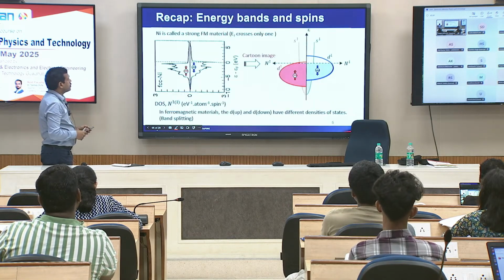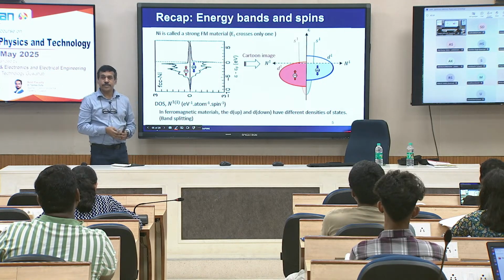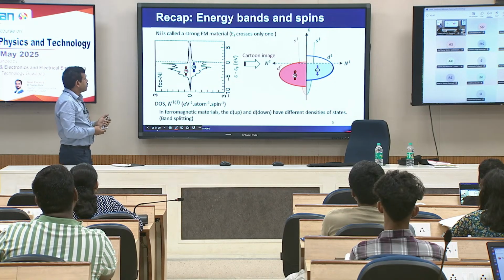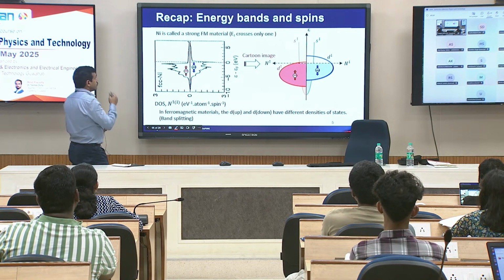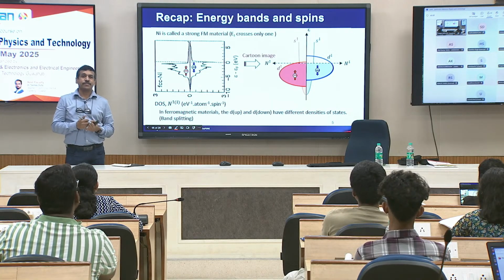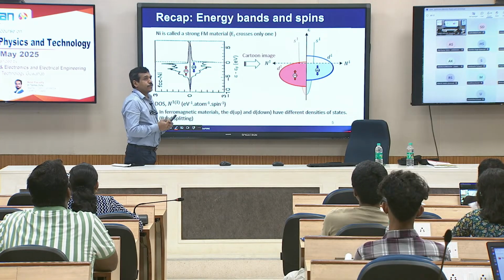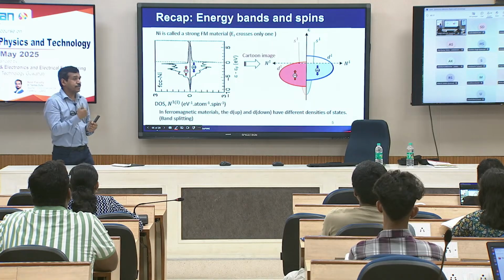We will be learning about TMR later. Now let us move on to learn about the theory of GMR. To understand the theory of GMR, you need to have some understanding of the energy bands. When we learnt about magnetism, I started with atomic magnetic moments. So, an isolated iron atom had 4 Bohr magnetons and things like that.